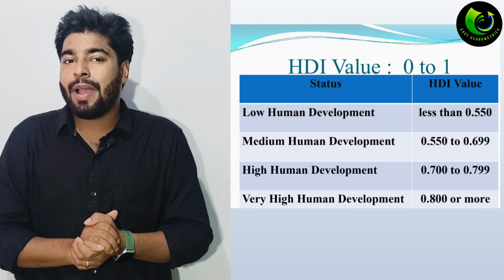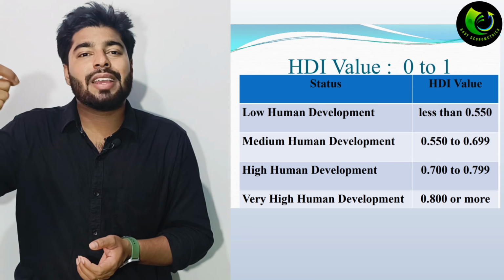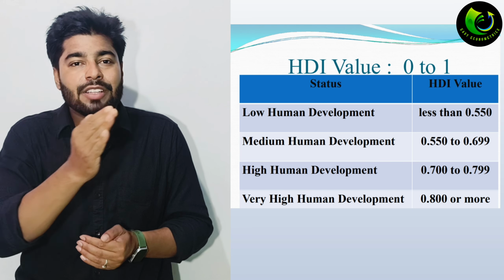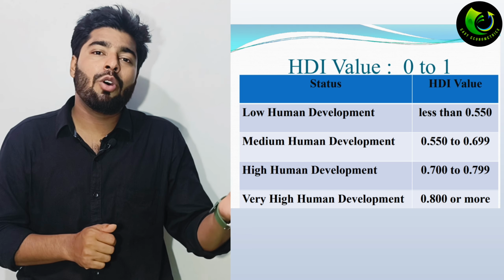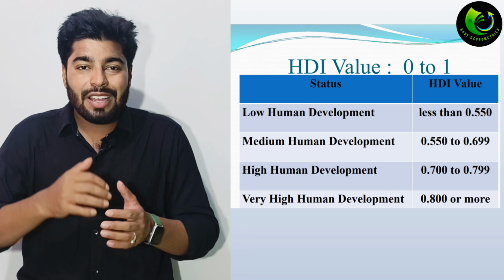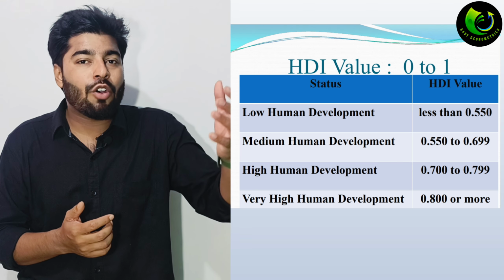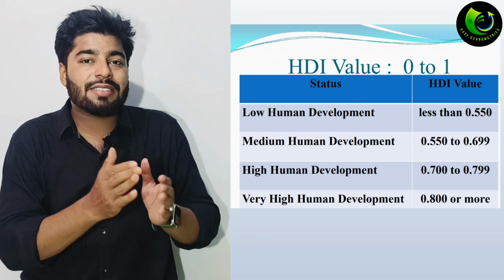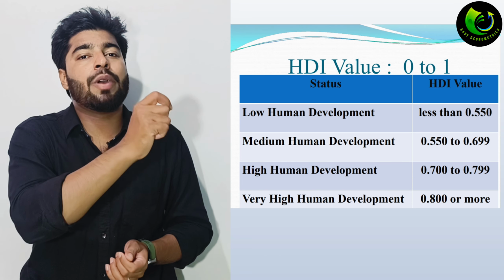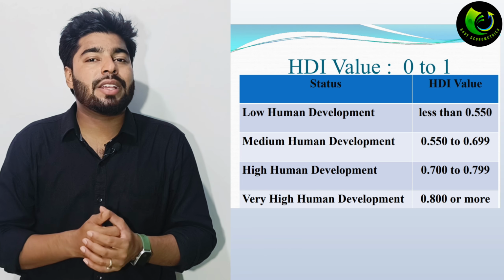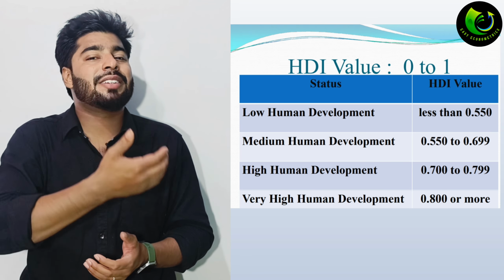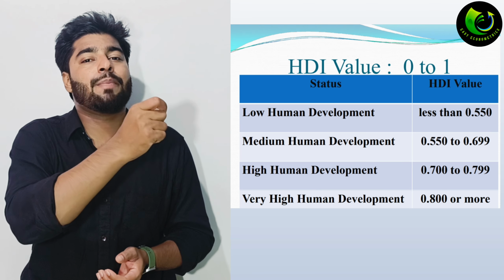If the HDI value is close to 1, then it is treated as a highly human developed country. If the value is close to 0, then it is a low human development country. On the basis of these HDI values, countries are classified into four categories. If the value is less than 0.55, it is a low human development country. If it is 0.55 to 0.69, it is a medium human development country.